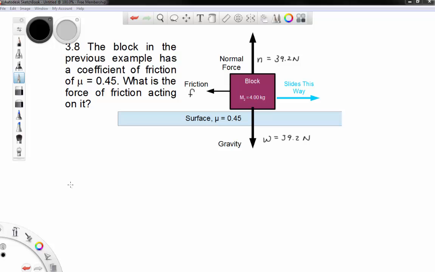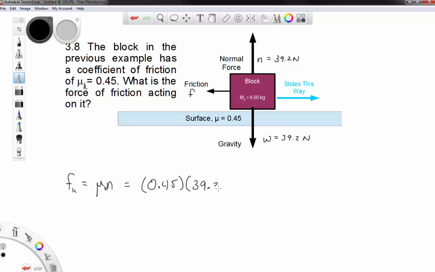Therefore, to solve this question, we basically can write that friction is equal to mu times the normal force. And again, the block is sliding, so this is actually the kinetic friction that we're finding. So that would be 0.45 times the normal force, which is 39.2 newtons.